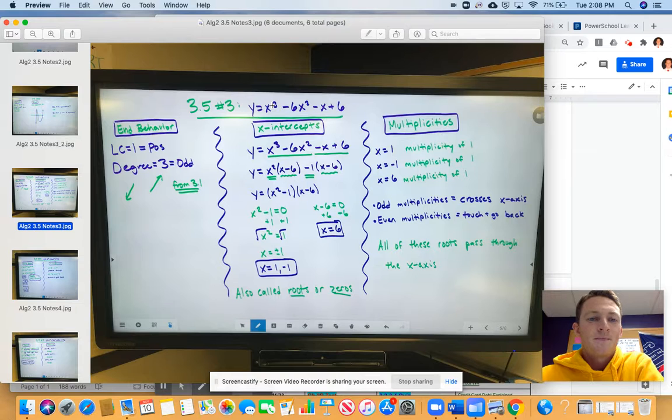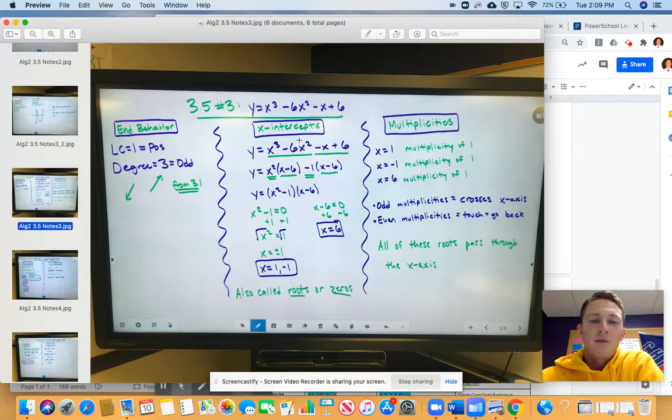So our leading coefficient is 1, that's a positive number. Our degree, our biggest exponent, is 3, that's an odd number. So from the notes, if we have a positive leading coefficient and an odd degree, as the graph goes left, it goes down, and as the graph goes right, it goes up.